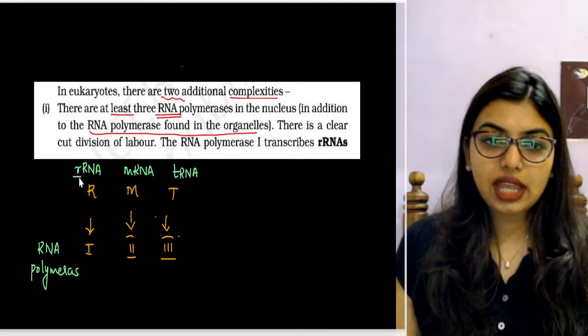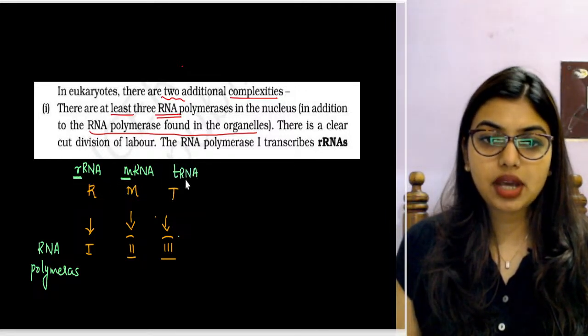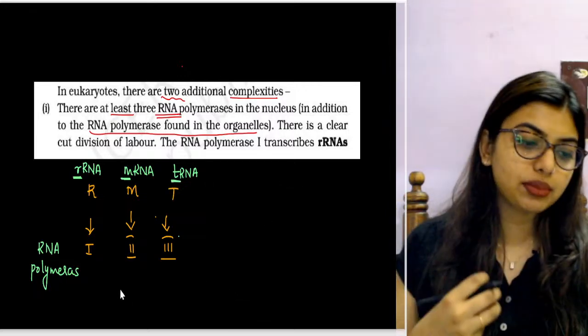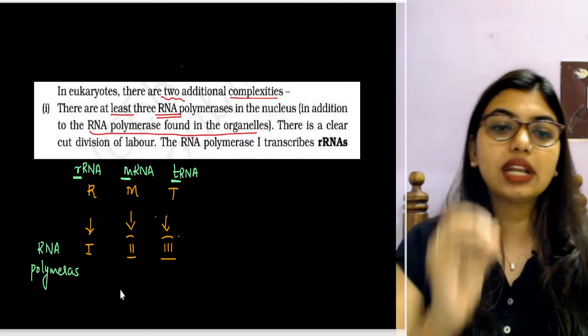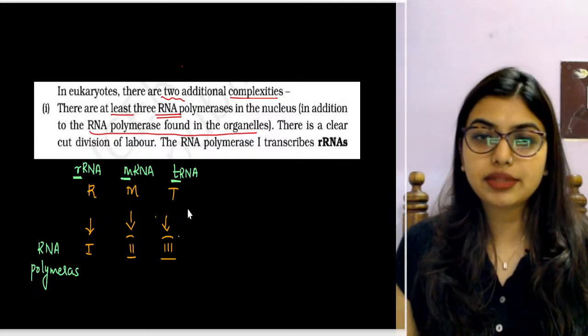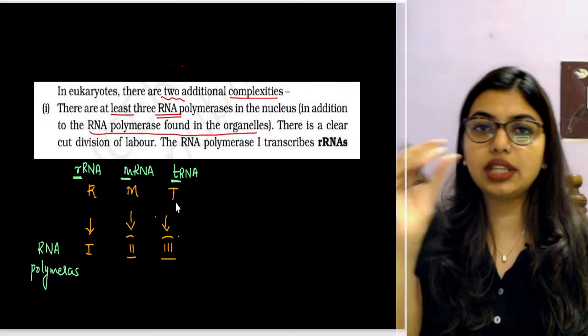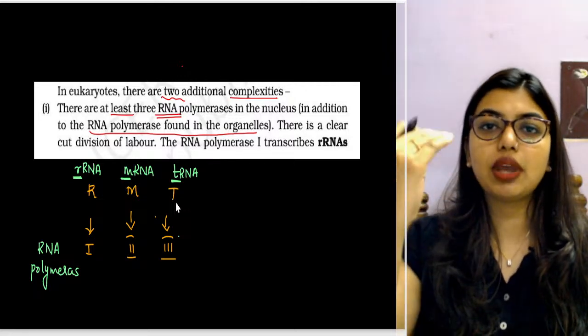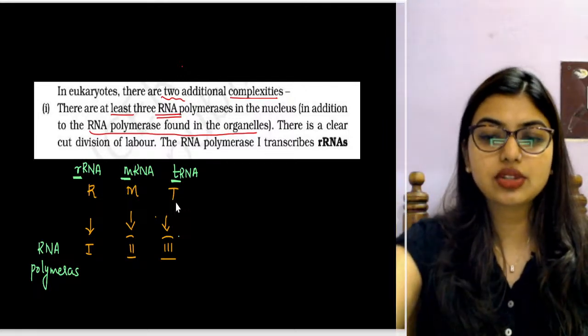So if you see a match the following asking which type of polymerase it is, this is the trick to remember: RMT, then write 1, 2, 3, and you will remember polymerase 1 rRNA, polymerase 2 mRNA, polymerase 3 tRNA.